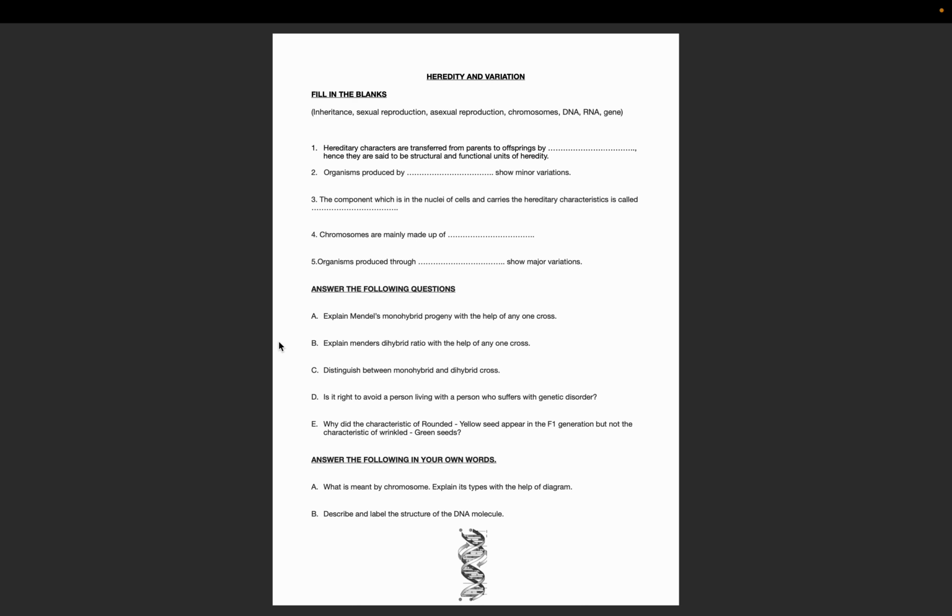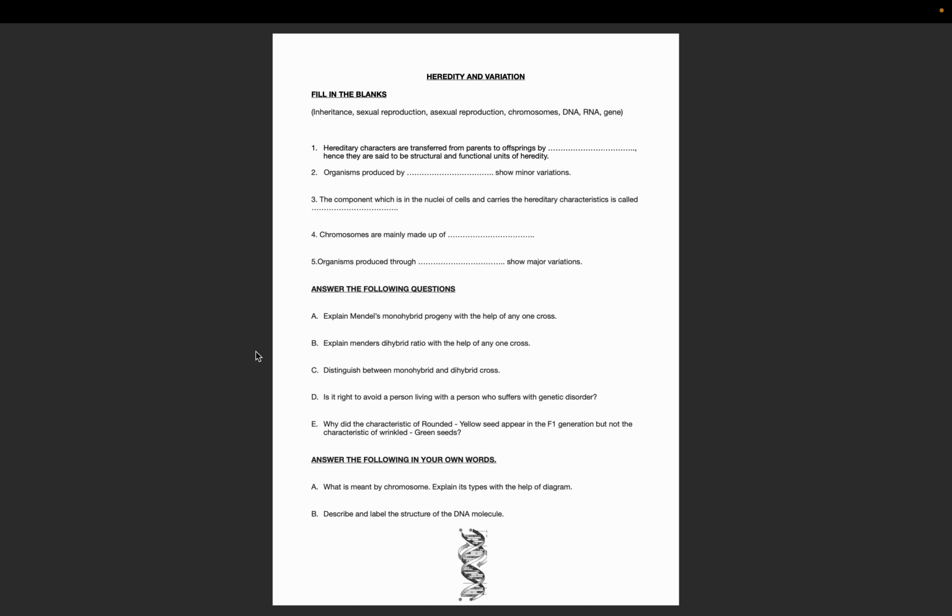So you have to mention your thoughts in this question. It simply says, is it right to avoid or push a person who is suffering with some genetical disorder? What are your thoughts? You have to write the answer in this.